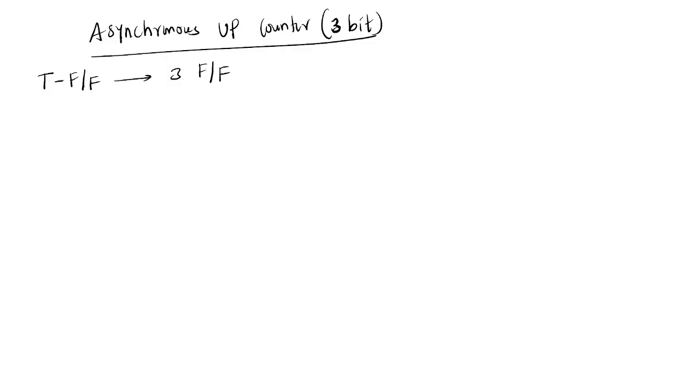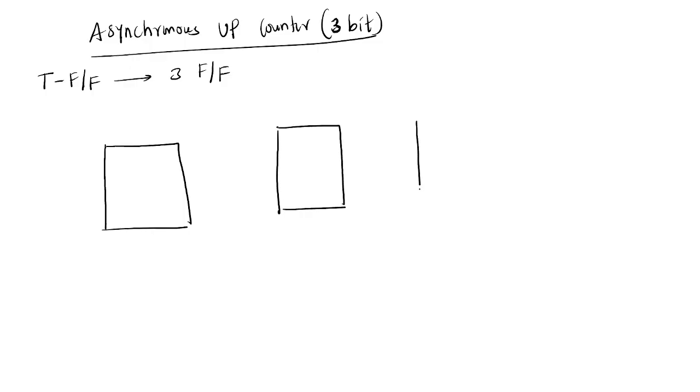Again, next, what do I need to do? All the T flip flops will be in which mode? Toggle mode. So this is one flip flop, this is the second flip flop and the third flip flop. Here T0, Q0, T1, Q1, T2, Q2.